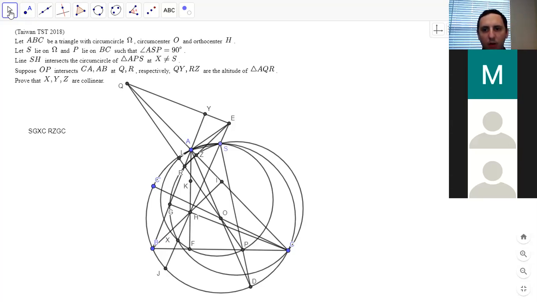So we just need to prove that QESR is cyclic, I guess.